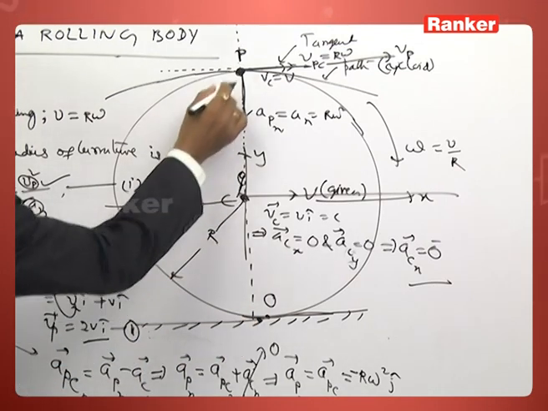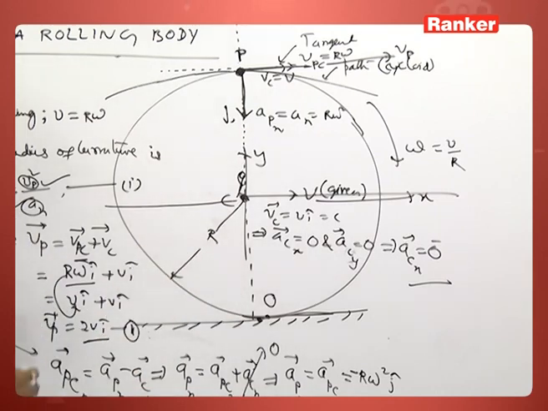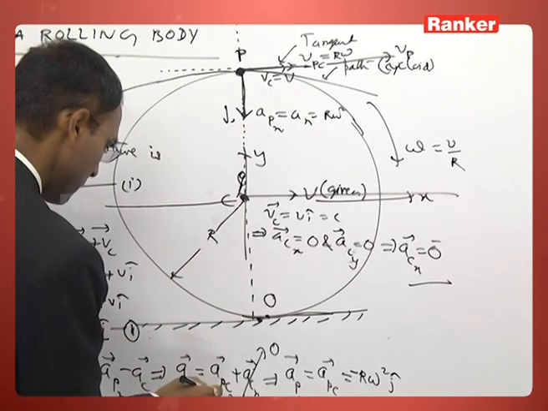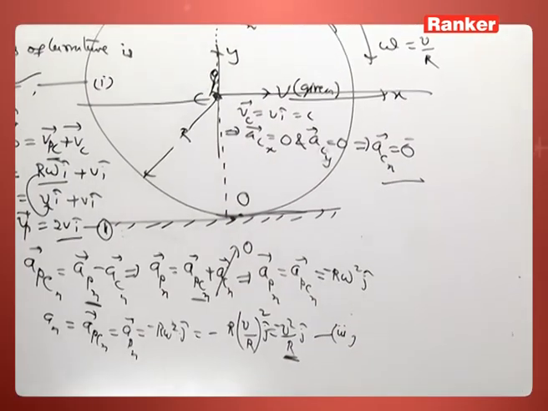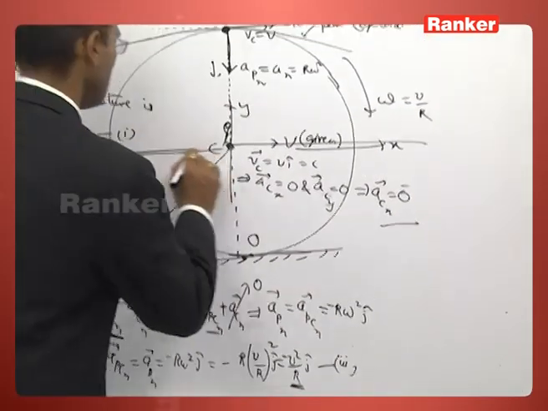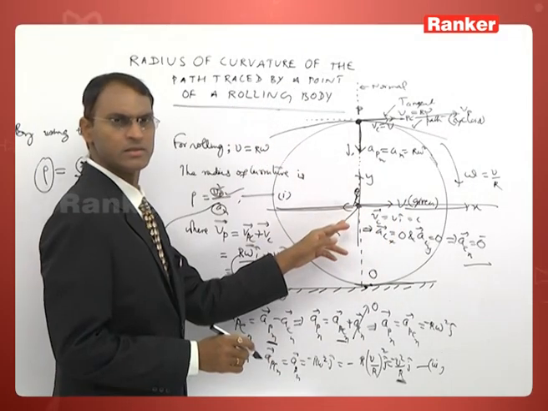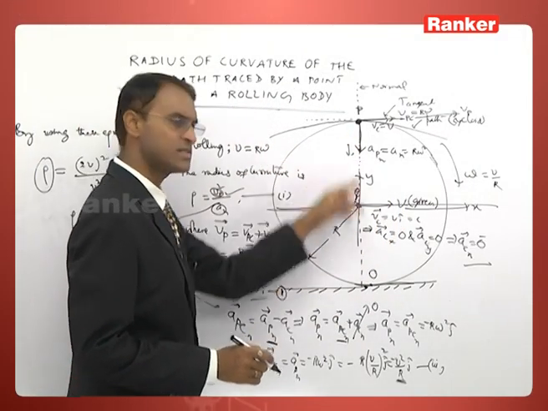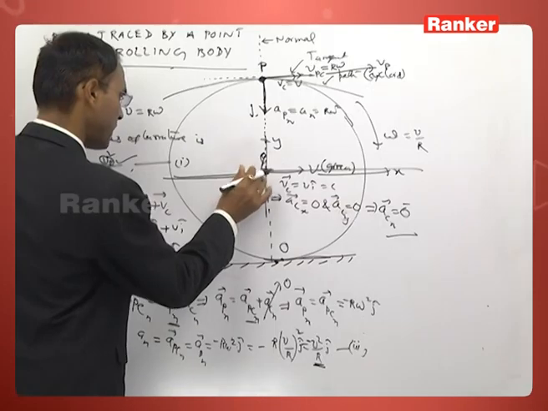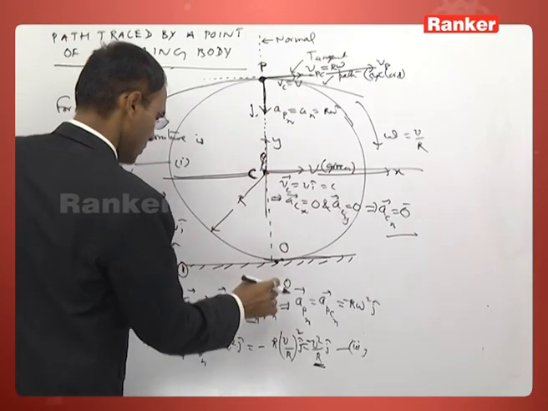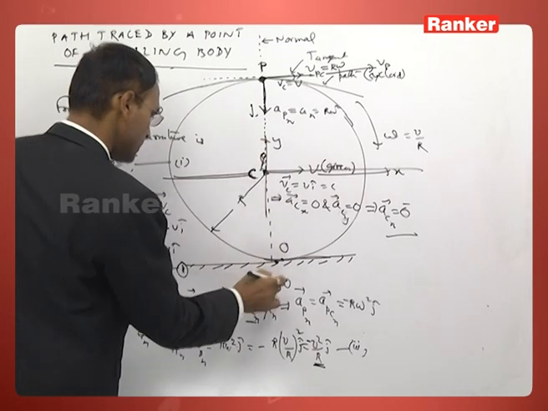We need the acceleration of this point P with respect to ground, that is equal to acceleration of the point P with respect to C plus acceleration of C in normal direction. Since it moves in a straight line with constant velocity, it cannot have any acceleration along this direction. Therefore, acceleration of the center with respect to the ground along normal direction is 0.